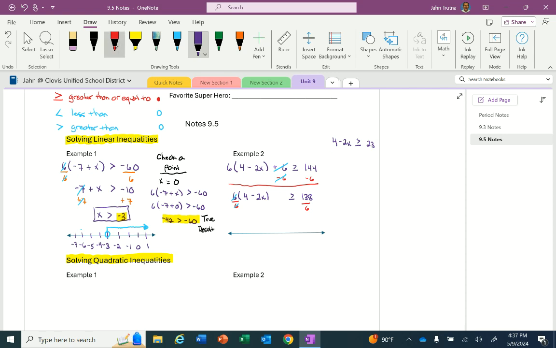My next step would be to subtract 4 from both sides of the equation. That would cancel out the 4's. And then that would make my equation negative 2x is greater than or equal to 19. And then my next step would be to divide both sides of the equation by negative 2.